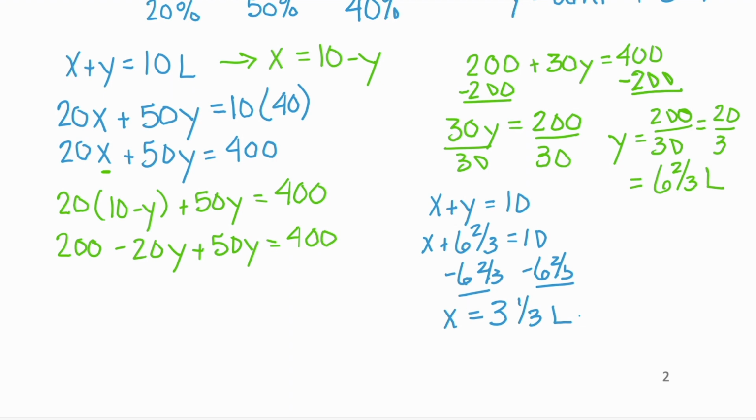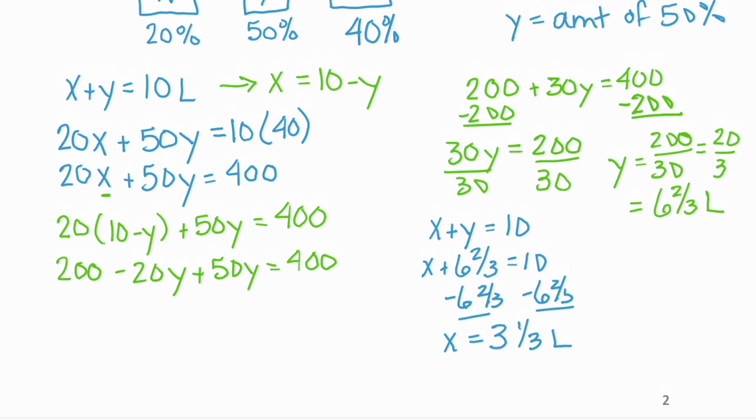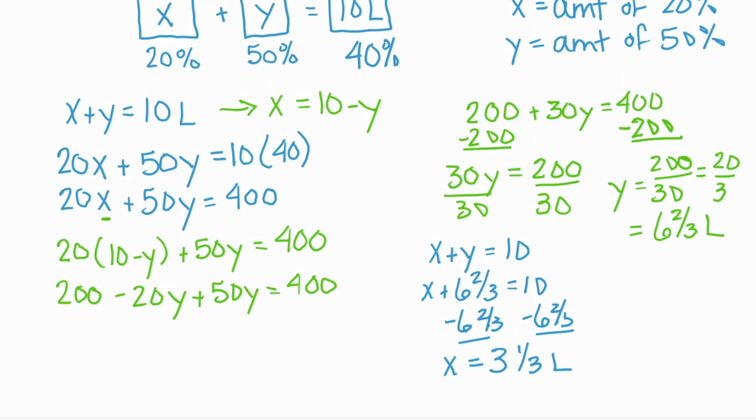So what's our final solution then? We know X and Y, but we need to explain that or interpret it in terms of what the variables X and Y stand for.